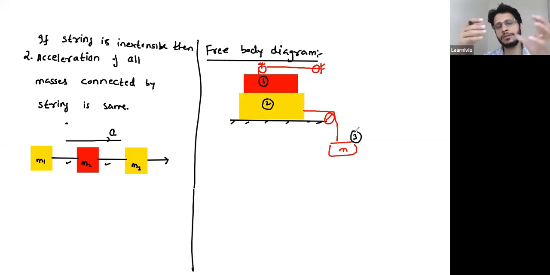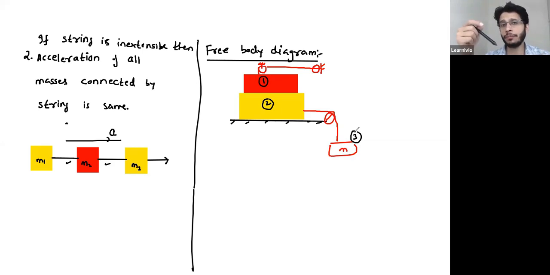I can either take mass 1, mass 2, mass 3 together and solve the system, or I can solve them separately. Like I take mass m1 separately and solve it. Solving mass m1 means calculating all forces on m1 as well as acceleration of m1. Solving here means calculating forces and accelerations.